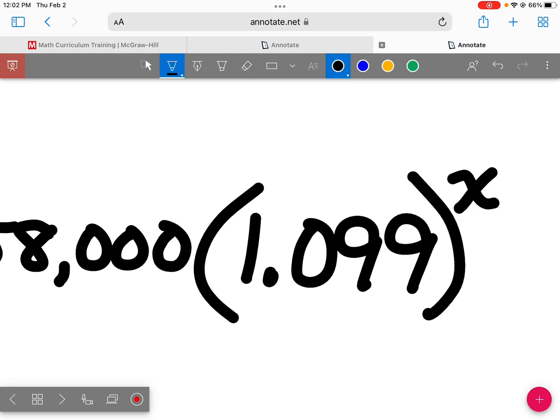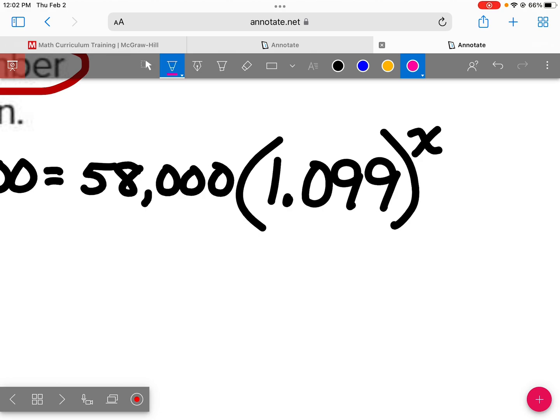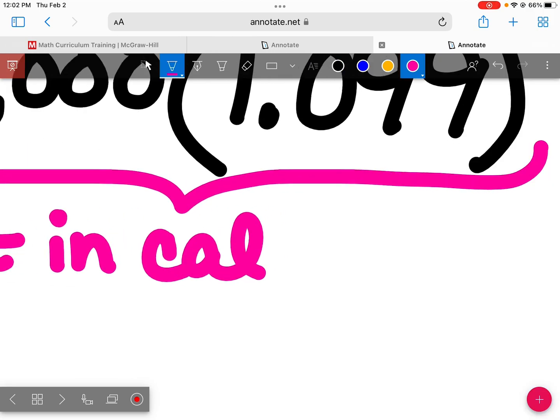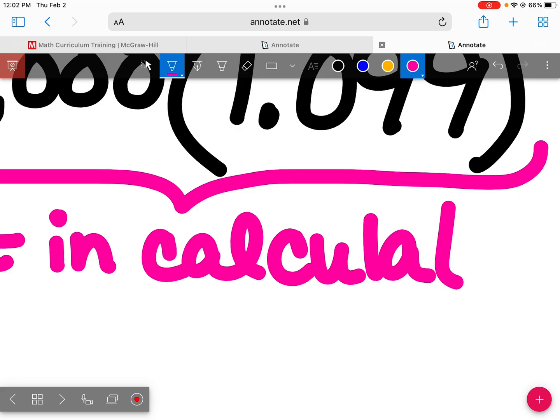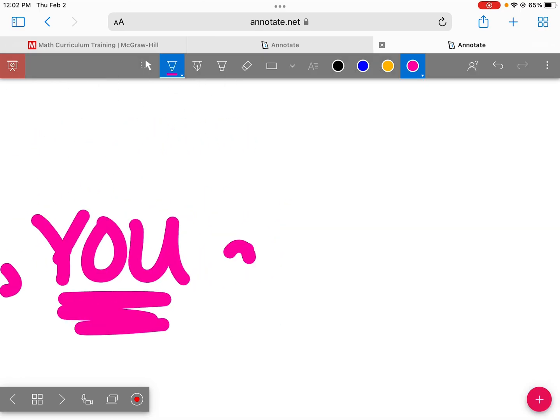All right. Here's what I want you to do. If you do not have a calculator in front of you, please come grab one. We're going to do some guess and check with the calculator, and I got prizes for whoever gets the closest. You're going to put this side in the calculator and choose a number for x.